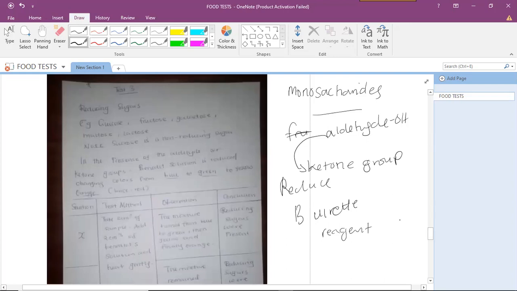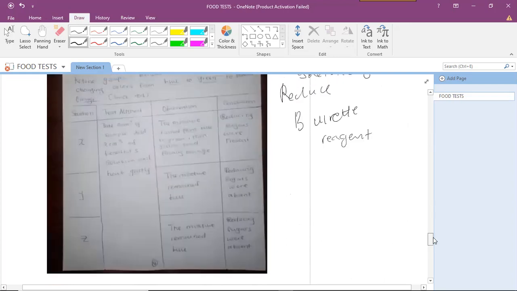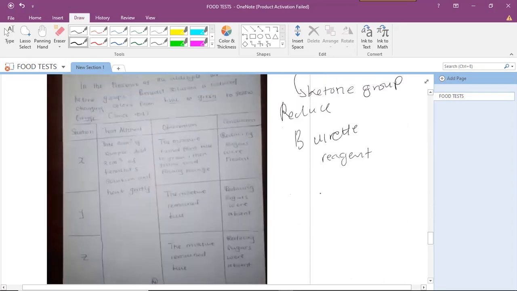And because Benedict's reagent is going to be reduced, you are going to see certain color changes upon heating. So you get 2 cubic centimeters of sample, you add 2 cubic centimeters of Benedict's reagent, and then you go to your Bunsen burner and you start heating gently, and you're going to see certain color changes.